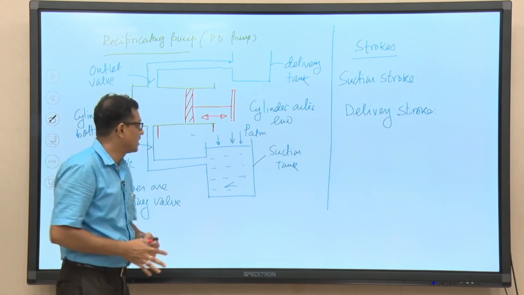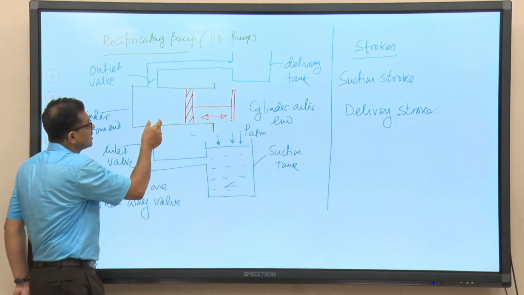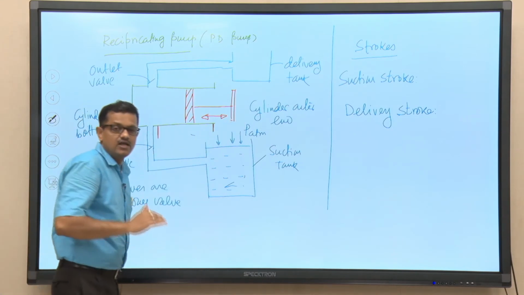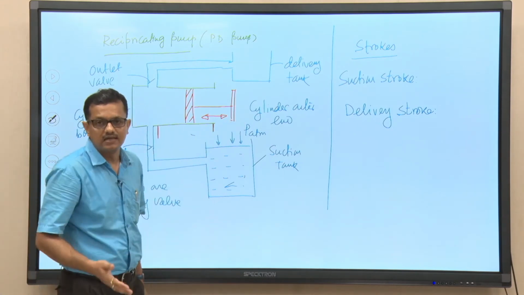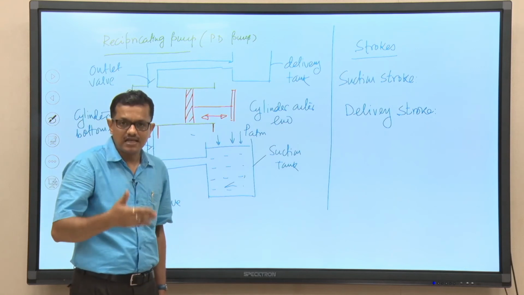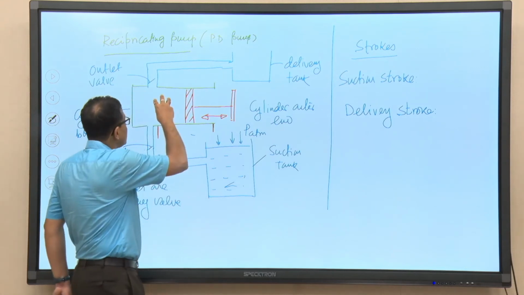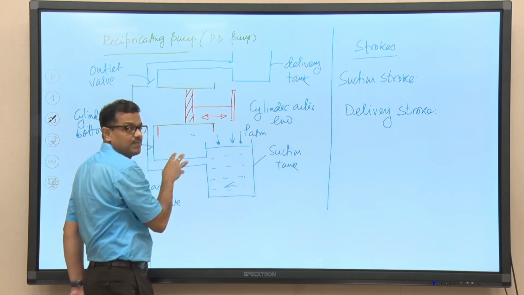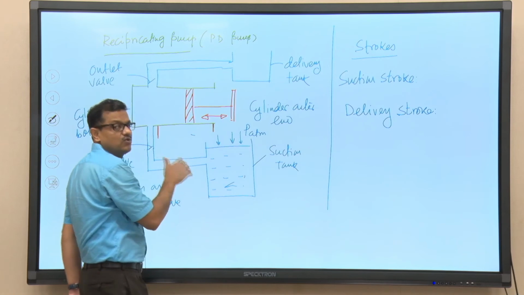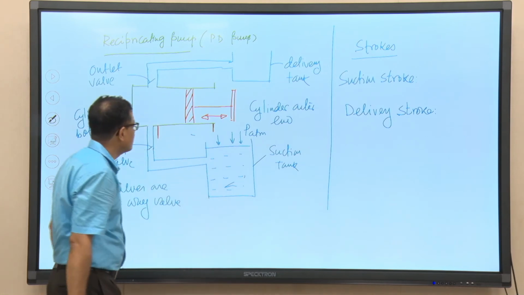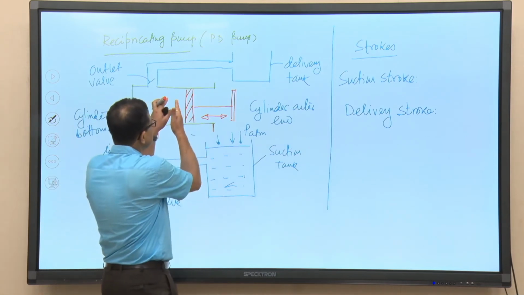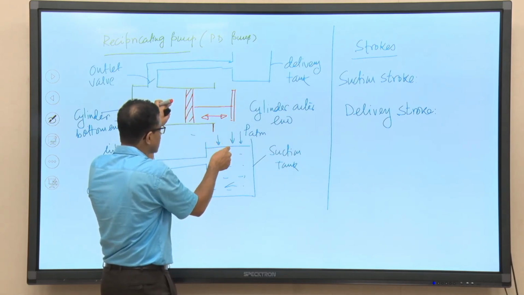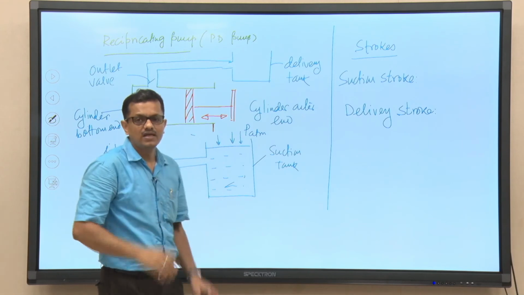So, try to understand, again I am telling, when the piston is moving towards the stop at the cylinder outer end, the movement of the piston will be decelerated. Because of the deceleration, the velocity of the liquid in the cylinder as well as in the relevant pipeline, that is the suction pipeline, will be decelerated. Now, what will happen? When the movement is decelerated, the driving force between the suction tank and the cylinder end also will be reduced.